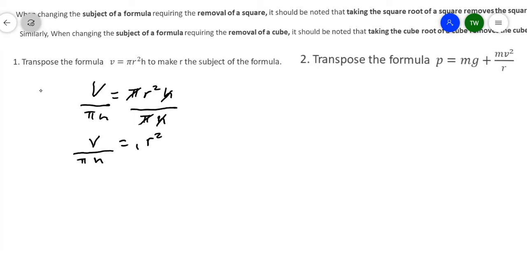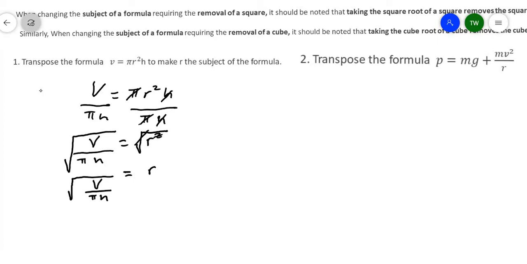So we're going to take the square root of this side, and we're also going to take the square root of this side. Clearly the square root sign will cancel out the square. All that leaves us with is r equals the square root of v all over pi h. Now r is the subject.